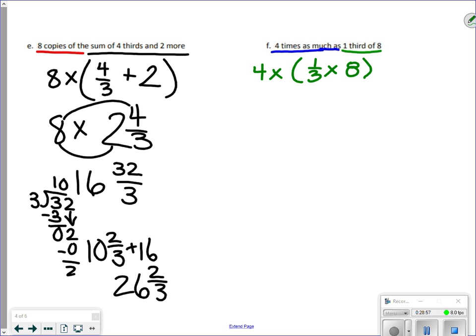1/3 of 8. I cannot do 2.0. I get 8/3. So 4 times 8/3. I can do that 2 different ways. I can just multiply straight across. 32/3.